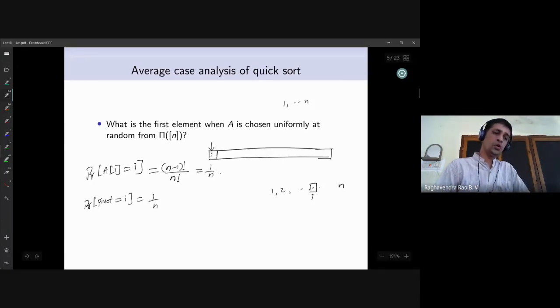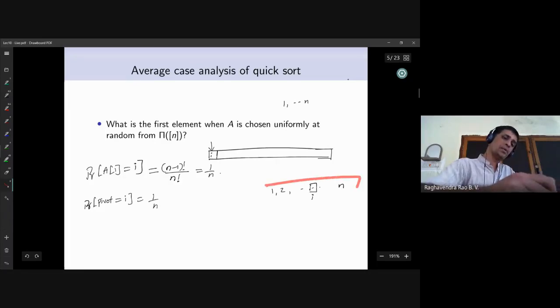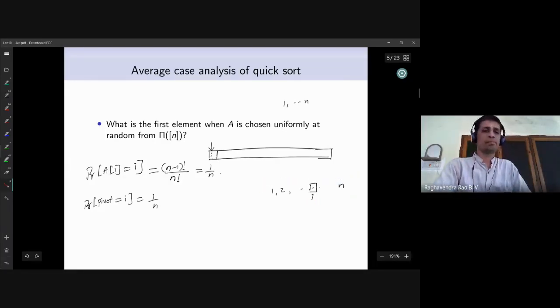So when you feed the deterministic quicksort a random permutation of 1 to n, the effect of it choosing the first element as pivot is the same as randomized quicksort choosing the first pivot uniformly at random. The interesting part is that it is irrespective of how the array is. For randomized quicksort, for any array it is the same. Any permutation of 1 to n has the same effect because it's uniformly picking an element, so it's irrelevant how they are ordered.